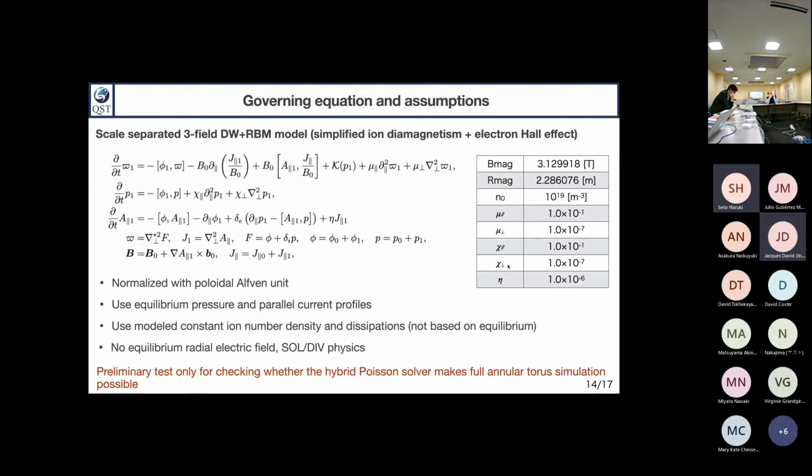The scale-separated three-field reduced MHD model including simplified ion gyroviscosity and electron Hall effect is employed in this test. I will skip its detail, but non-SOL and divertor physics are included. This is just a test for checking whether the hybrid Poisson solver makes full annular torus simulation possible or not.